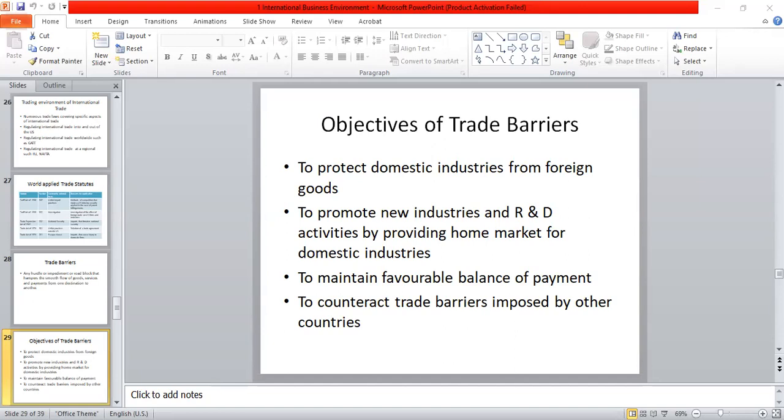Example is Chetan Bhagat. He has written several books, and the books are popular not only in India but outside India also. Another author, Harry Potter.